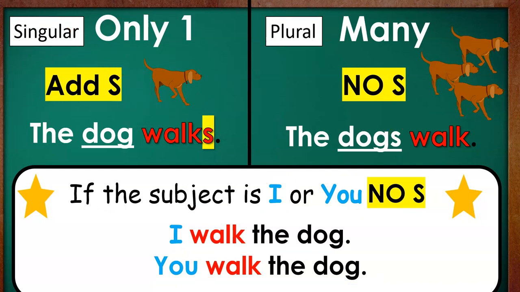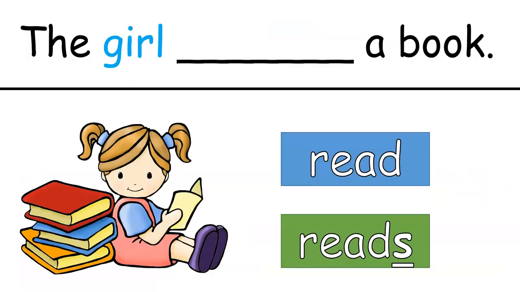Now I'm going to give you some questions and I want to see if you can find the correct answer. Are you ready? Number 1, the girl blank a book. Should I say the girl read a book or the girl reads a book? Which answer do you think is correct?